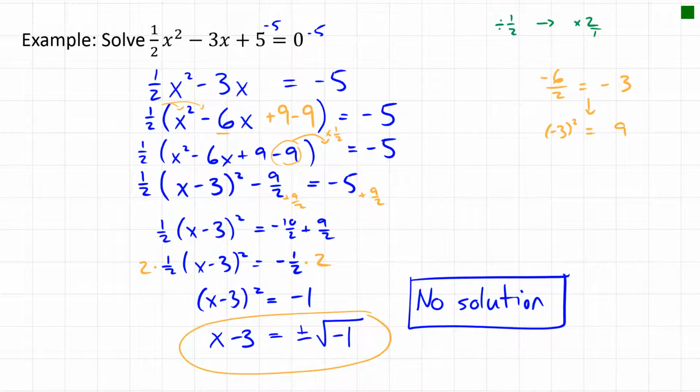However, when you're solving these problems, if you're told to solve it using the completing the square method, we still expect to see you attempt to solve it using the completing the square method and get to the point where you have to reject the answer because of this square root of a negative. So you still have to go through the work even if the answer results in no solution.